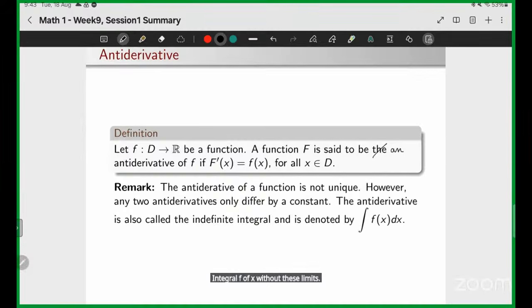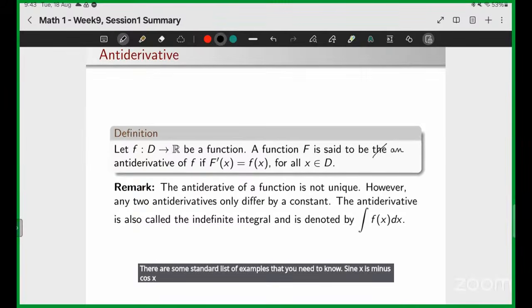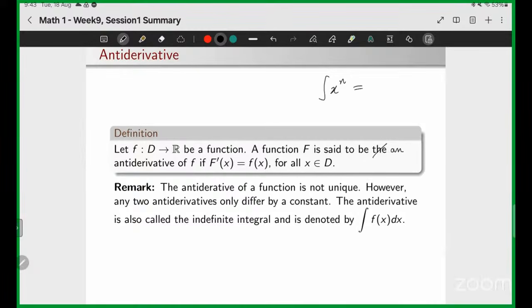There are some standard examples that you need to know. Sin x is minus cos x. Polynomials, you know. What is the antiderivative of x to the n? X raised to power n plus 1 upon n plus 1 plus c.